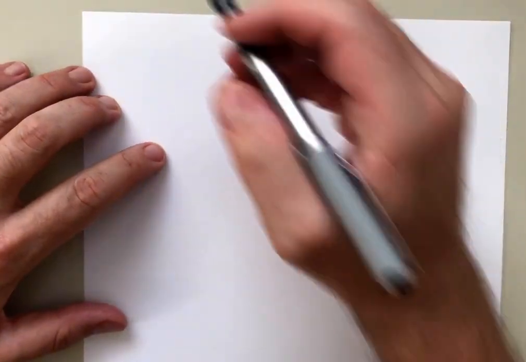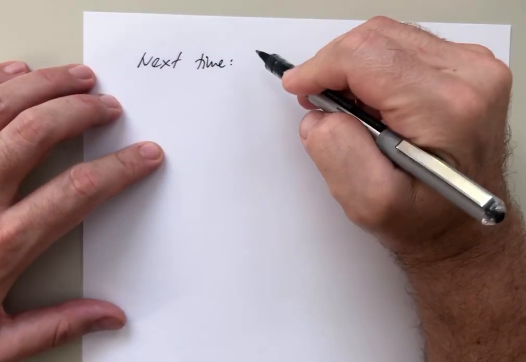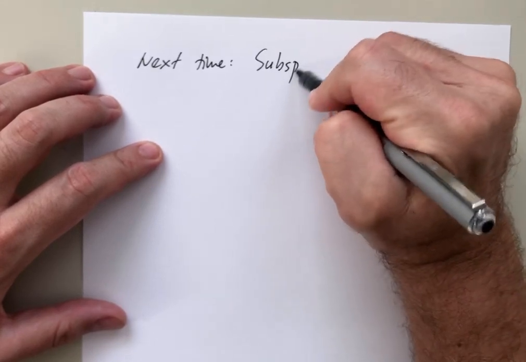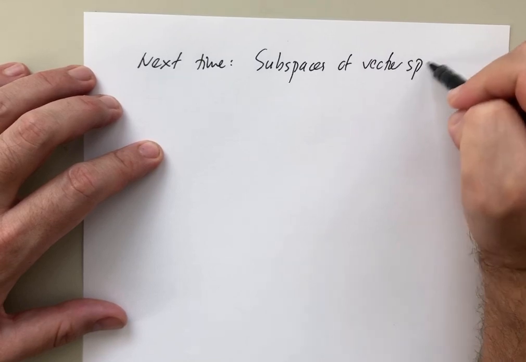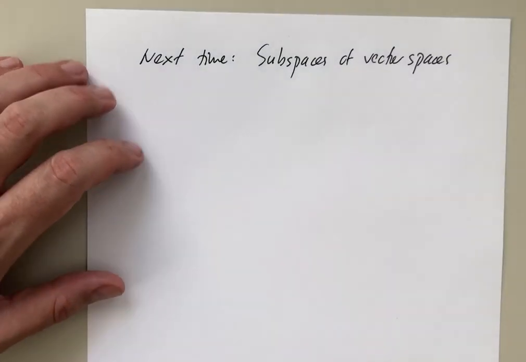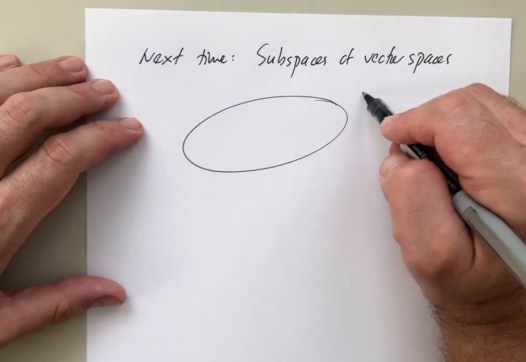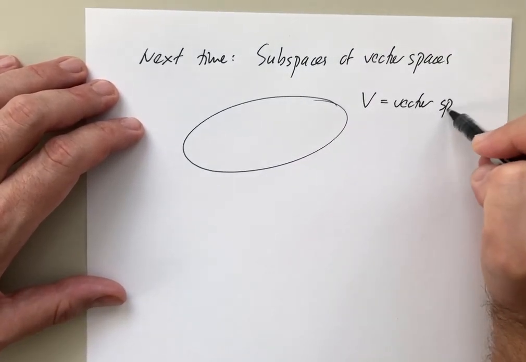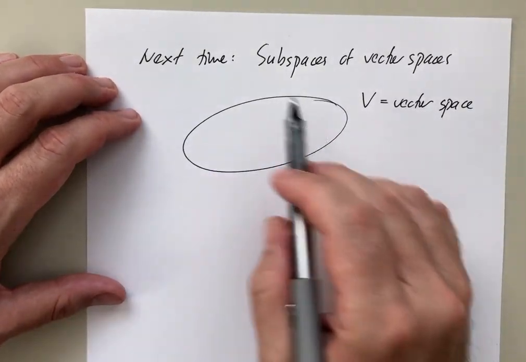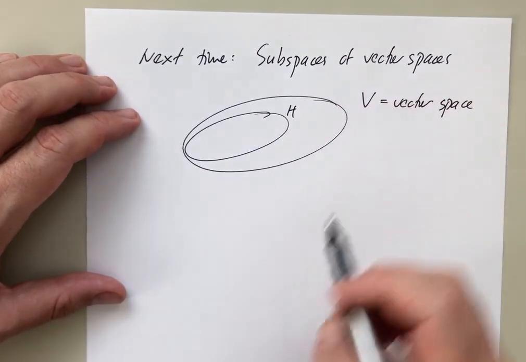Okay, so I think I'm going to end it there with just one comment. Next time we will talk about subspaces of vector spaces. And in a picture, here's my cartoon: if V is a vector space, so it's the world that we live in, we're going to look at sub-objects in there.